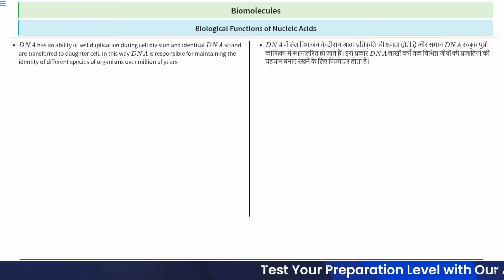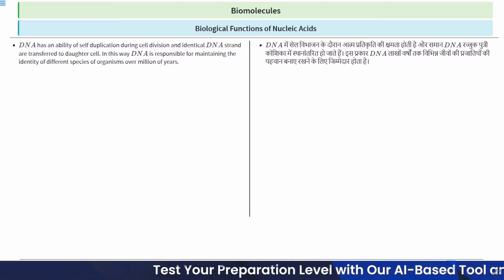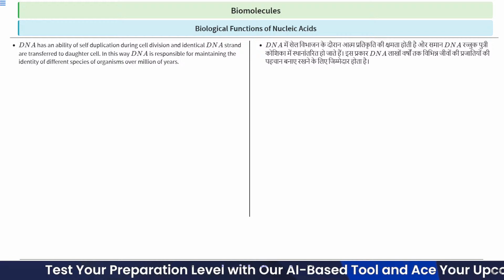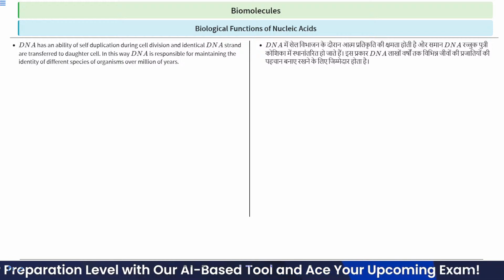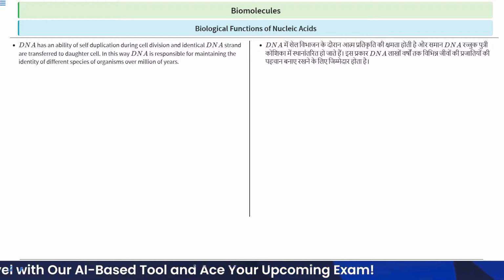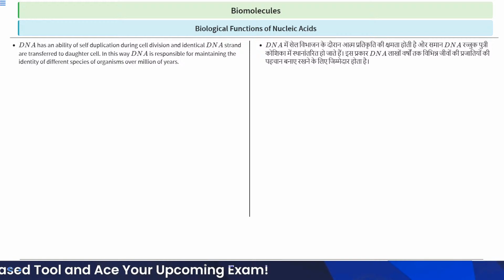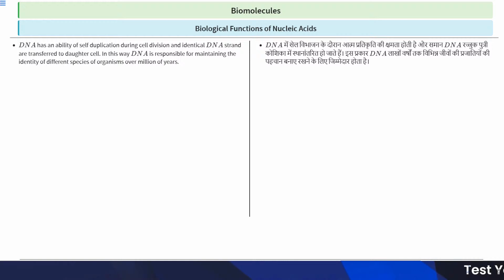Biological functions of nucleic acid. We have studied that nucleic acid is related to biological function, but what are they? DNA has an ability of self-duplication during cell division, and identical DNA strands are transferred to the daughter cell.